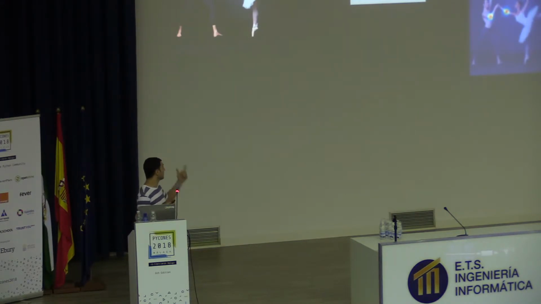For example, the right eye, the neck, the left shoulder. But that's cool, but there's a problem. What happens when we have multiple people in the image? How do you know which part belongs to which person?